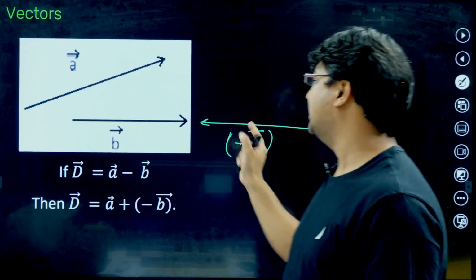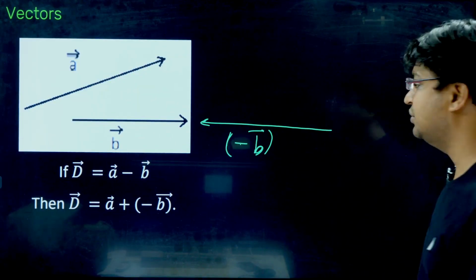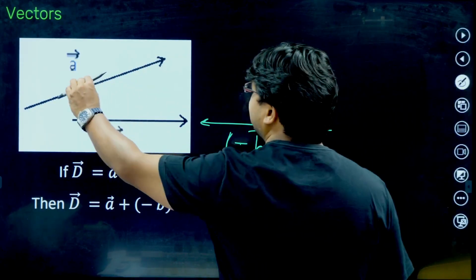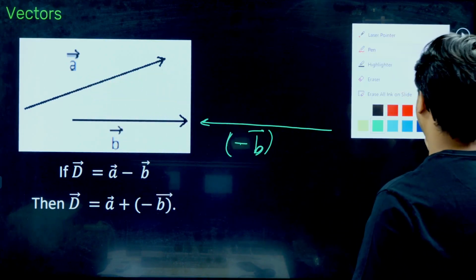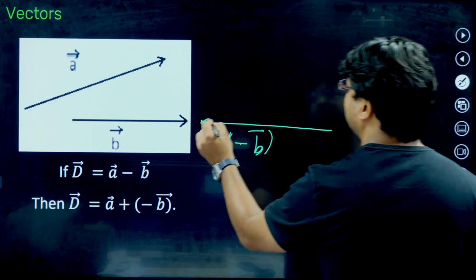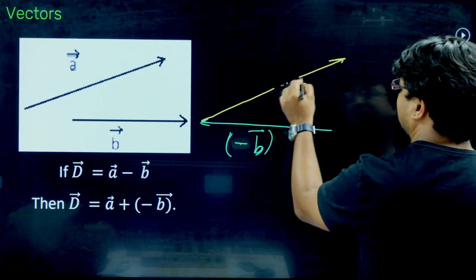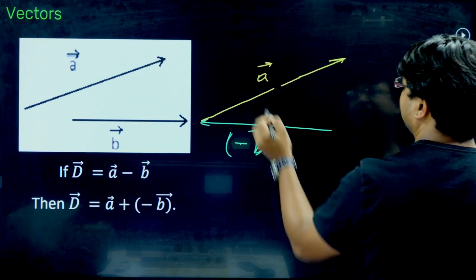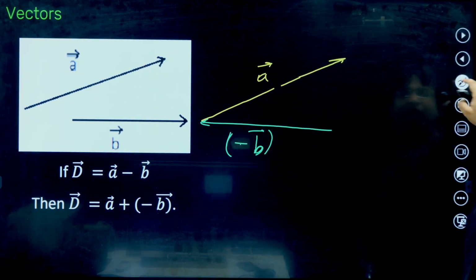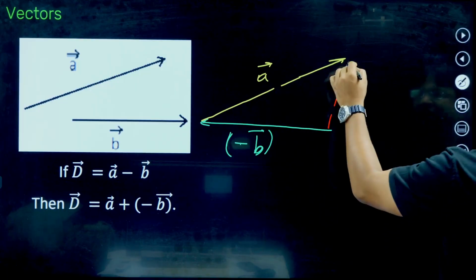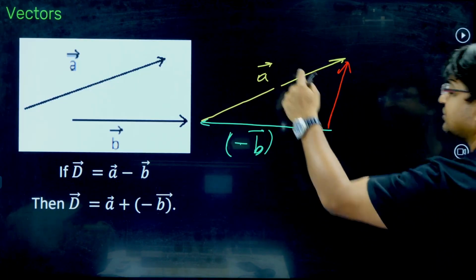So I just need to add these two vectors, and to add these two vectors, I need to shift the vector so that its tail coincides with the head of the one. So I need to draw A vector something like this. So this is A vector. Getting it? I've tried to create a copy of it, and now if I join the free tail with the free head, this is actually the sum of these two.